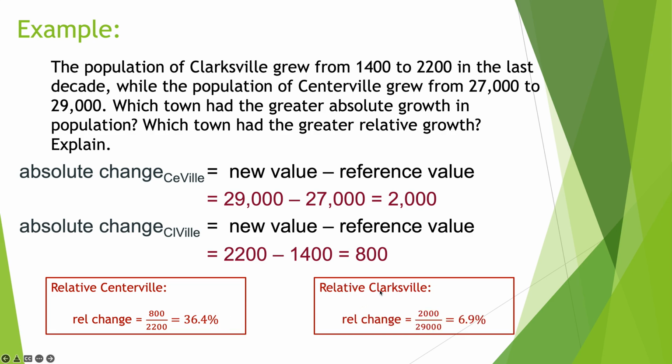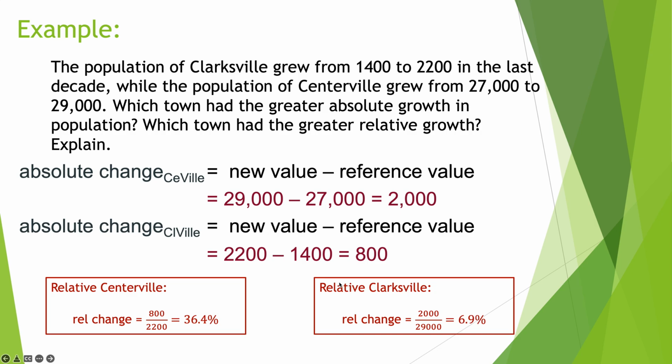And for Centerville, I had these reversed. I'm sorry, I'm repeating. This is the relative of Clarksville here. It says Centerville, it is Clarksville. The relative for Centerville is the 2,000 change over the 29,000 total, which is 6.9%.